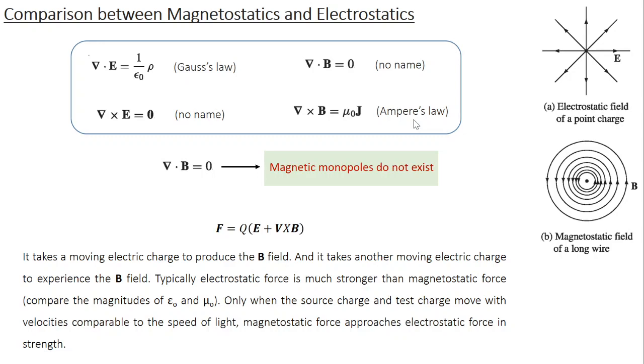If you look at the electric and magnetic field lines, you can notice that electric field lines spread out from the source, whereas magnetic field lines curl around the source. That's why you have a non-zero divergence for electric field and non-zero curl for the magnetic field.